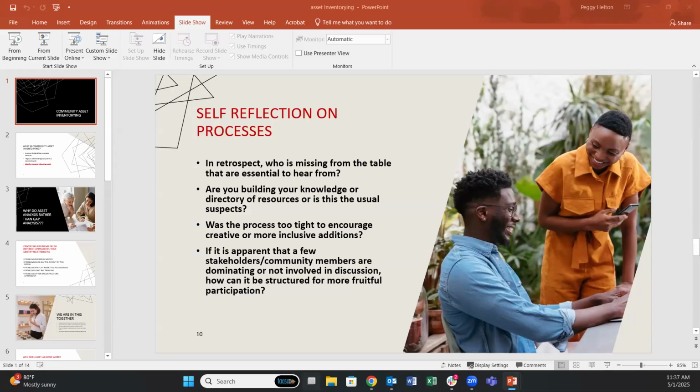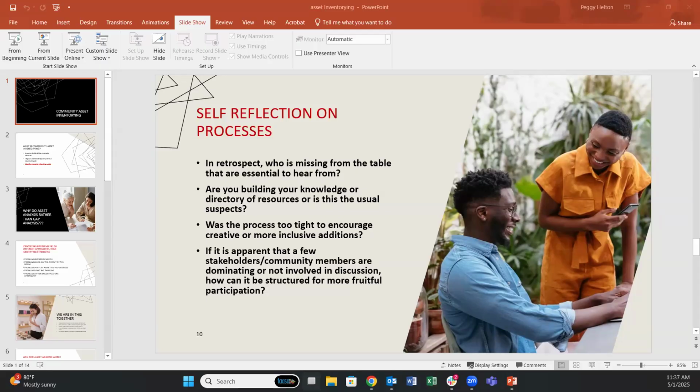So one of the things we want to do after our first meeting is obviously to reflect on the processes. Like I mentioned, after the meeting, you ask, in retrospect, who's missing from the table that it's very essential that we hear from?